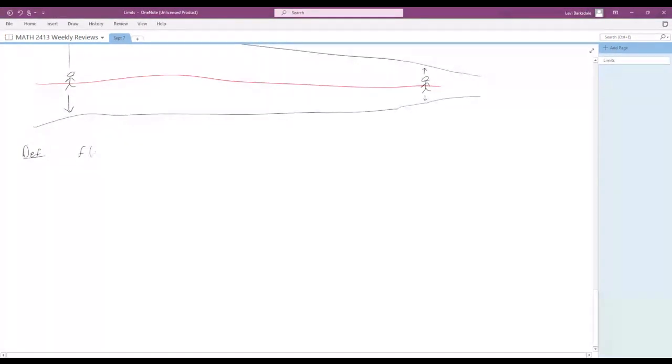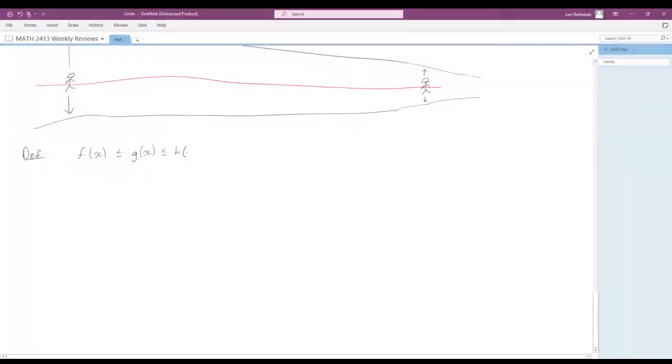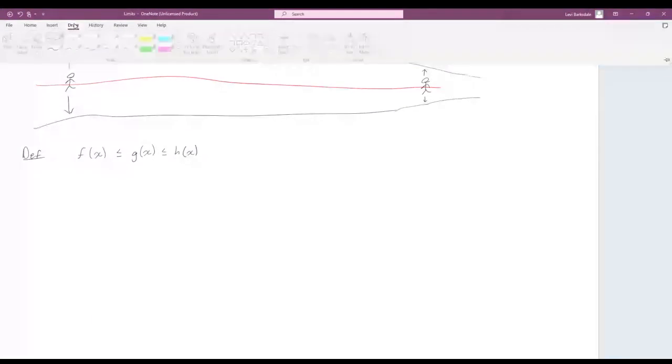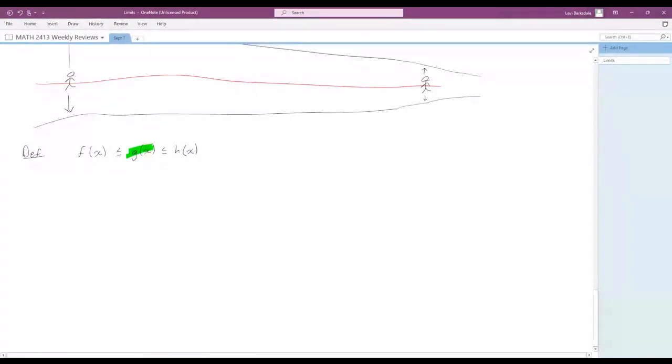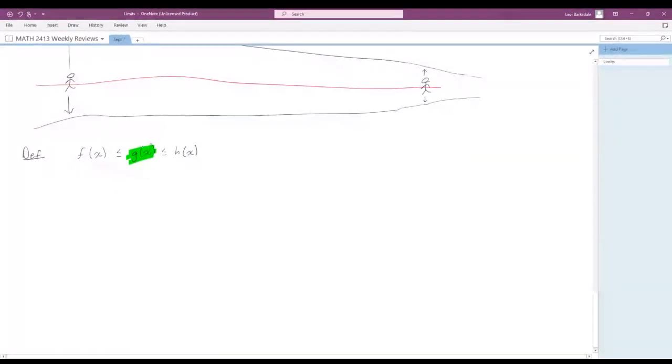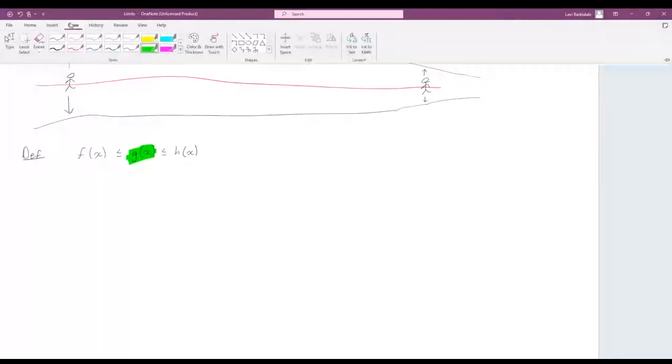So basically, we need to say we have three functions, and one of them, in this case g of x, is always between the other two, just like we have in our example with the canyon.